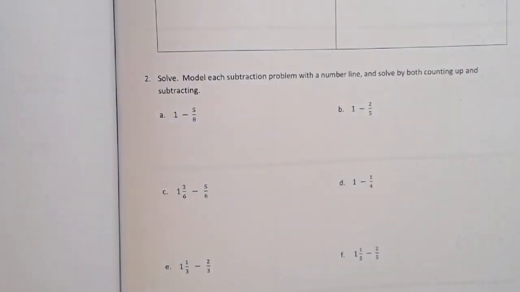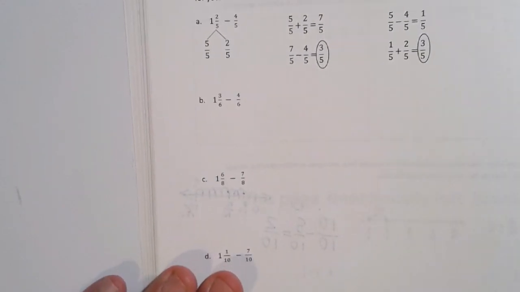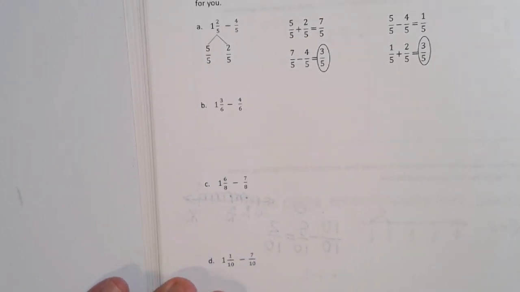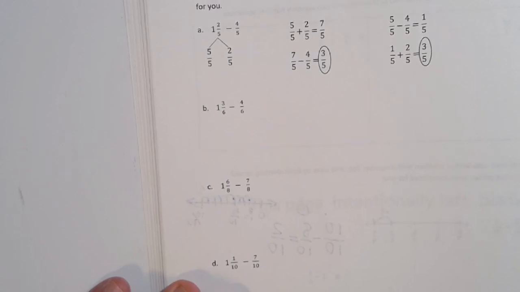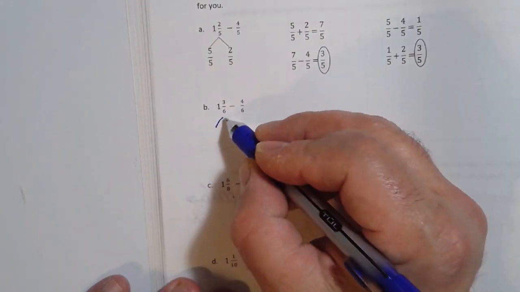Alright, that's fairly easy. On the back, for the problem set on page 92, they have larger numbers here. They have 1 3/6 minus 4/6. Let's look at that. We need to break that apart. You can do it many different ways.